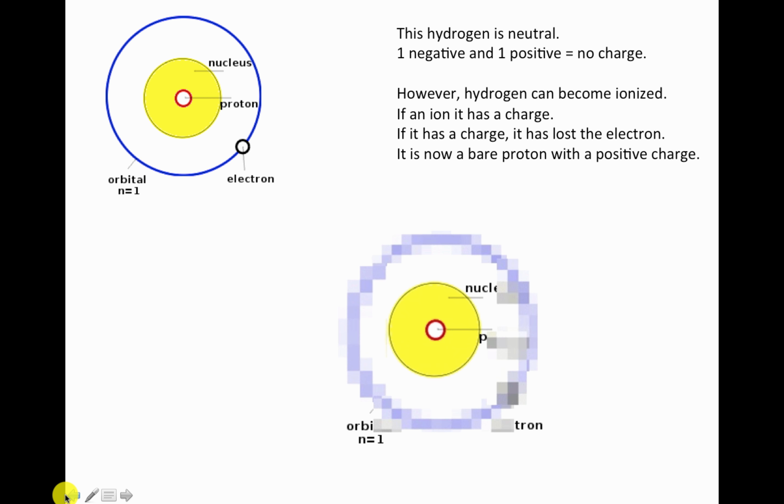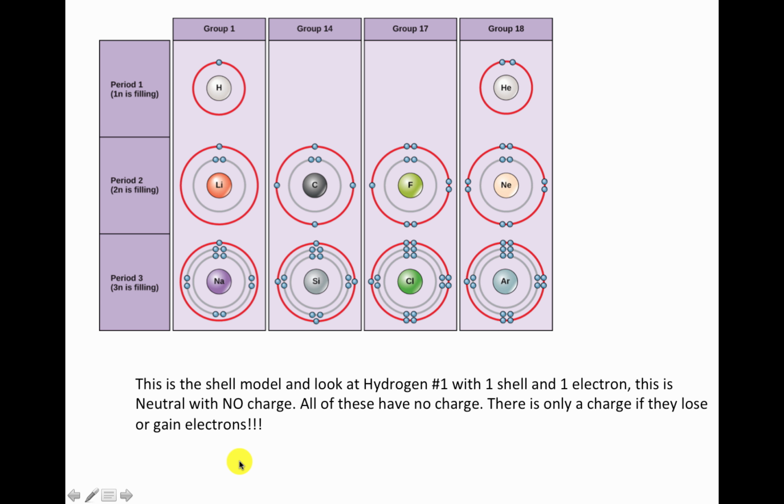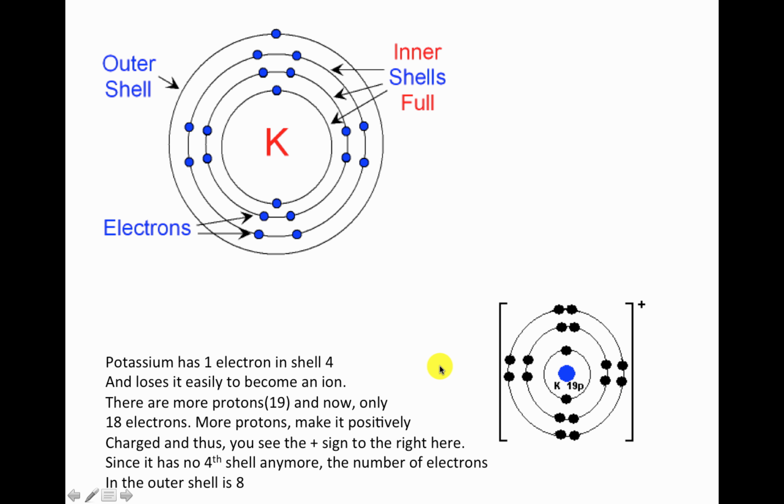Go back to that first question, C, and potassium. It wants to know the number of electrons in the outer shell. Its number is 8. And it's this picture.